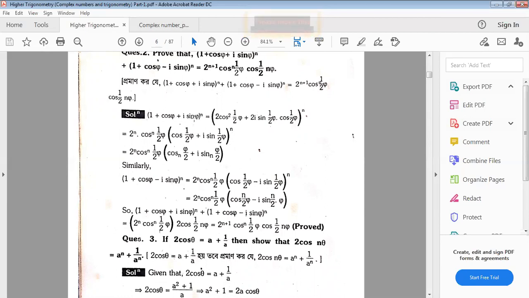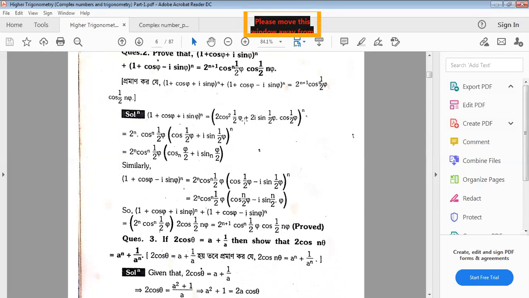1 plus cos phi plus I sin phi whole to the power n equals 1 plus cos twice a formula, which is 2 cos square a, where a means phi by 2, plus this we have to make sin twice a. How? Sin 2 into phi by 2. Sin twice a means 2 sin a cos a, where a means phi by 2.